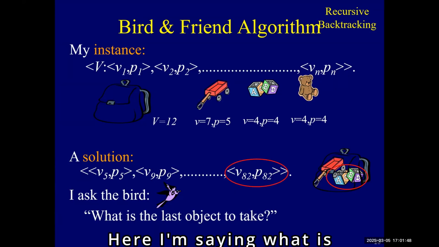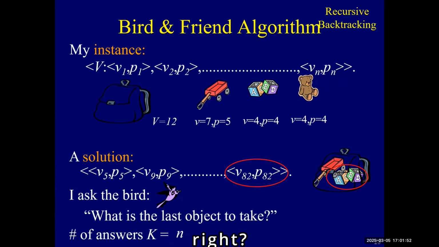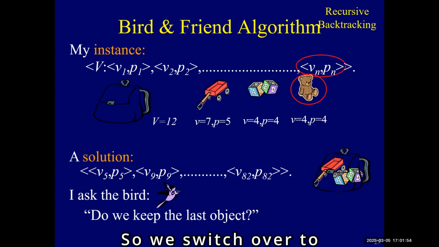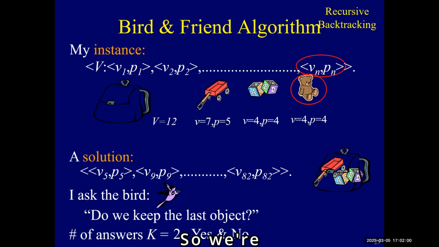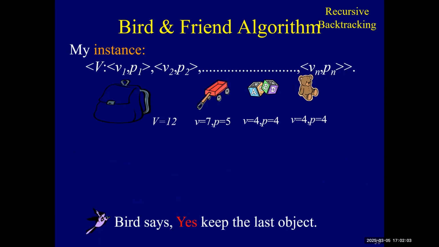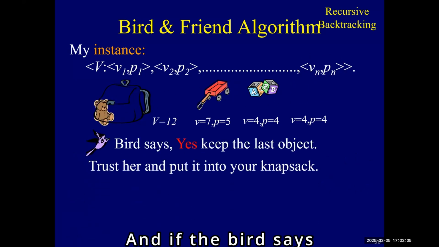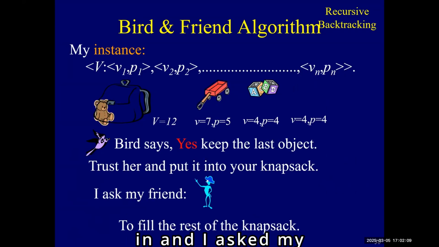Here I'm saying, what is the last one to take? But that's not as good of a question. So we switch over to, do I take it or do I not take it? And how many answers? There's only 2 answers. So we're branching twice.